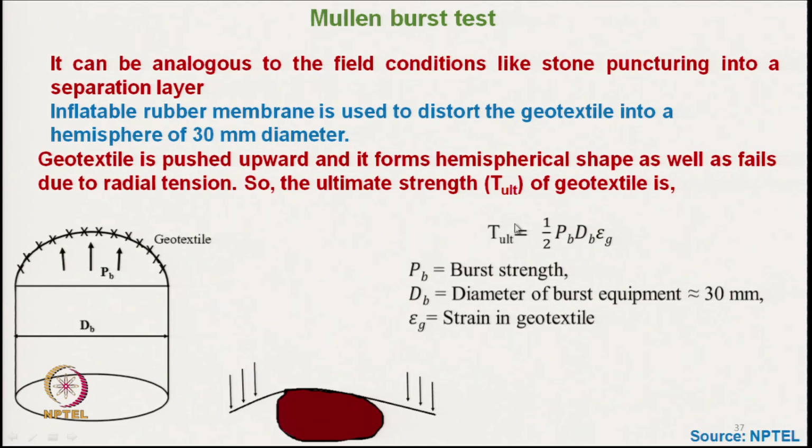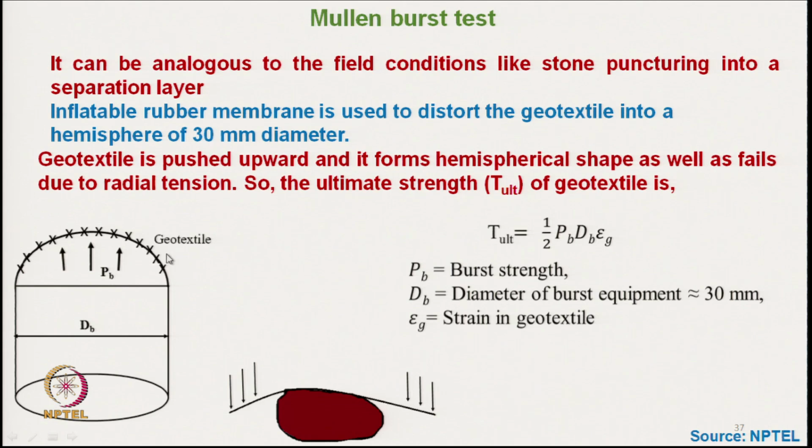This is the ultimate strength of the geotextile, that is, the tensile strength, and that can be related to the bursting strength by this empirical formula. It is half Pb dB over Eg, where Pb is the bursting strength, dB is the diameter of the burst equipment, and Eg is the strain in the geotextile.